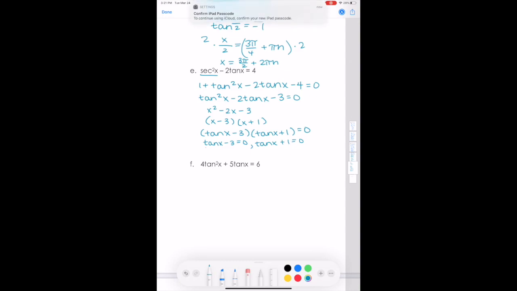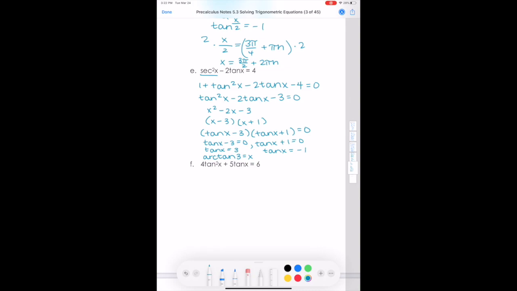Alright, that first one, when does tangent x equal 3? We don't know that on the unit circle, so we're just going to put arctan, which if you remember is the inverse of tangent. So arctan of 3 equals x. It was also written tan, the little -1 of 3. Either way.